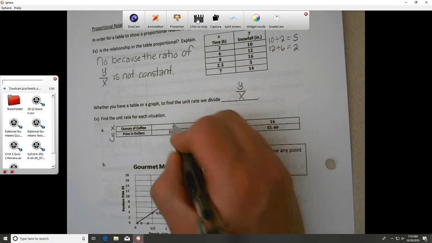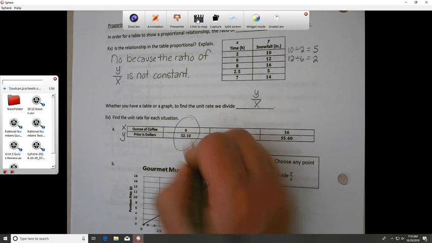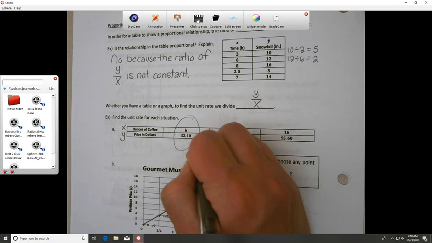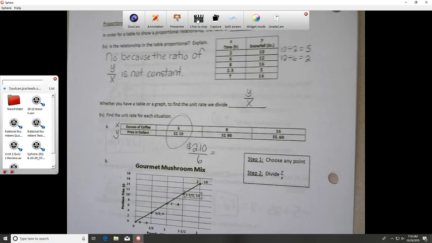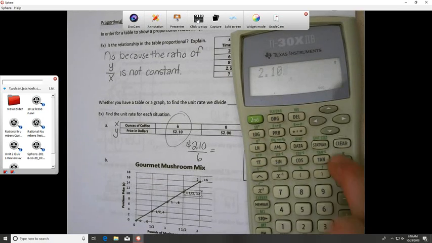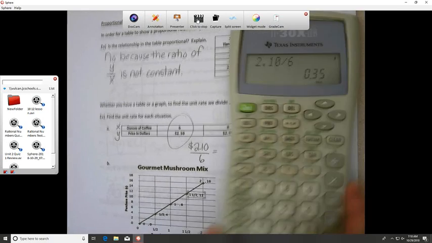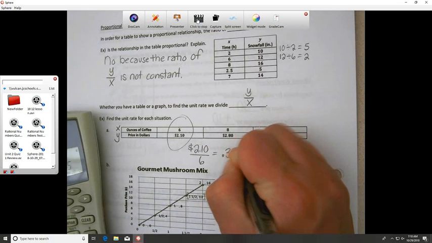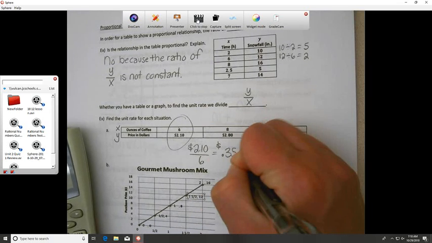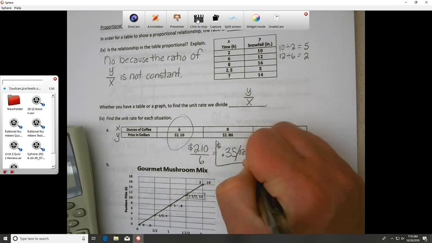So I'm just going to pick the first point right here, and I'm going to do y divided by x. So $2.10 divided by 6 ounces. Okay, and that gives me 0.35, which in this case is 35 cents per ounce. So that would be my unit rate.